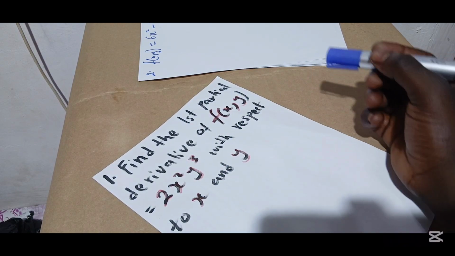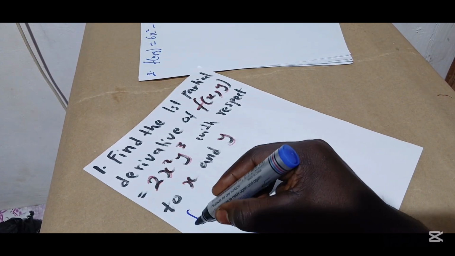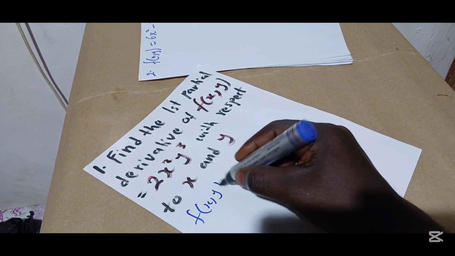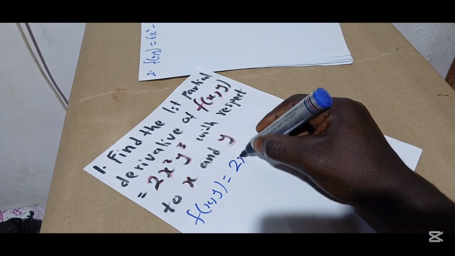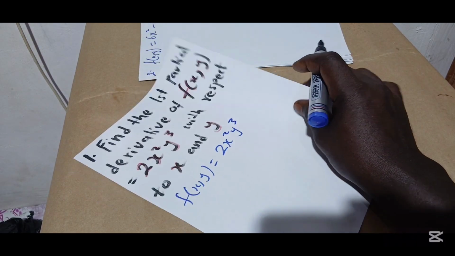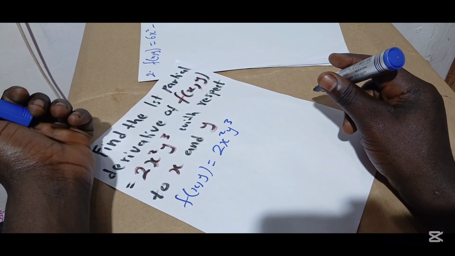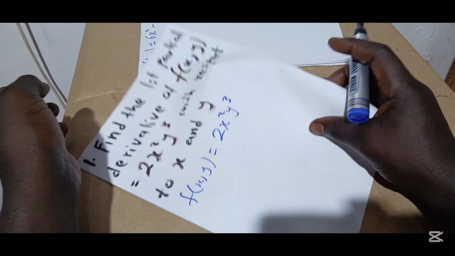So our function is f of x, y equals 2x squared y cubed, and we have to find the partial derivative of this function with respect to x and then y.